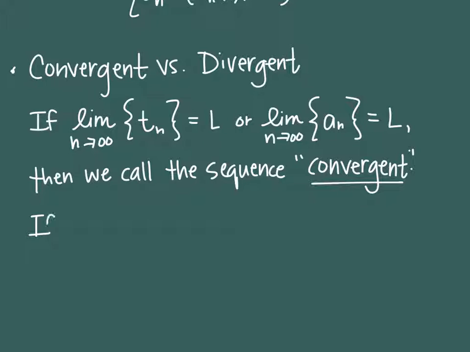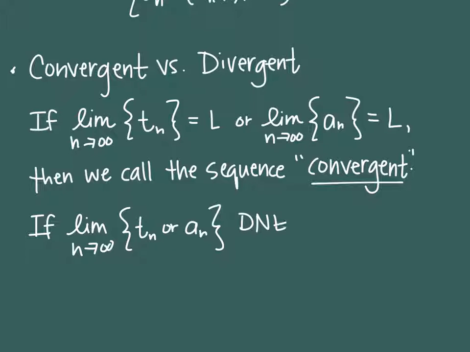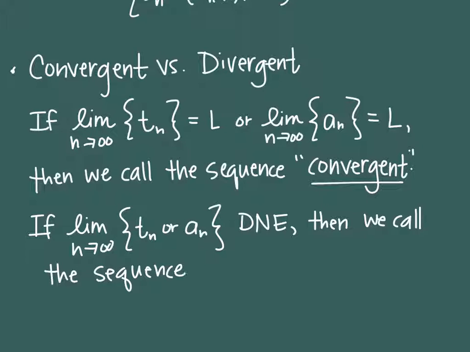So if the limit as n approaches infinity of either t sub n or a sub n, I'm going to combine them both, does not exist, then we call the sequence divergent. So we're back to limits again.